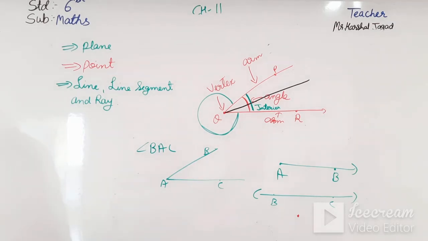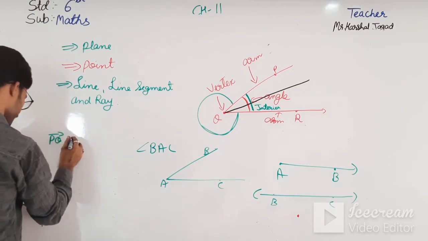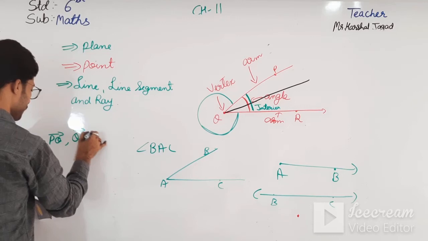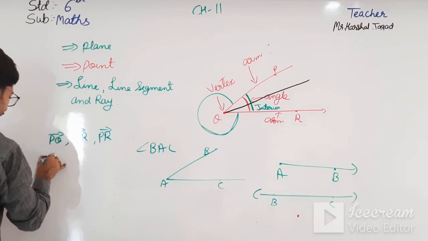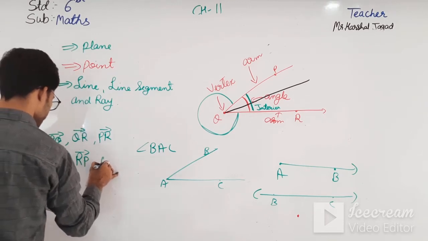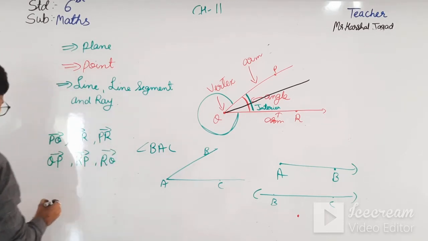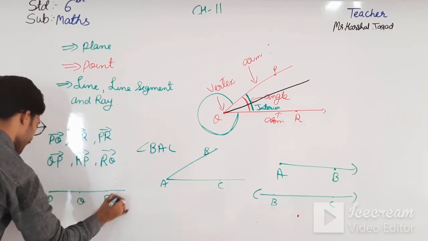So PQ and QR are given, and from that only 2 are correct.